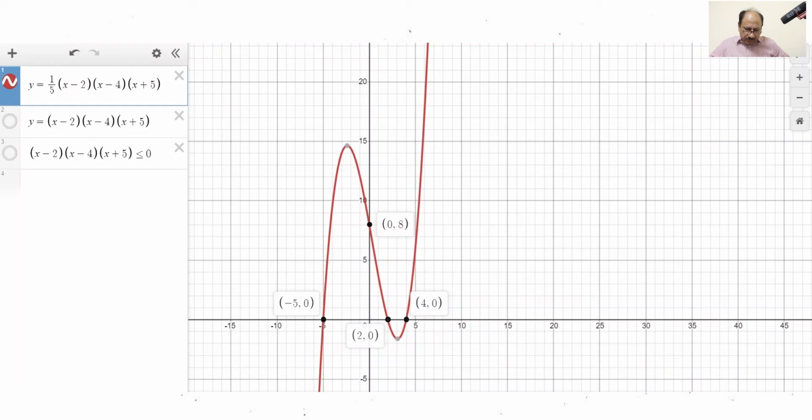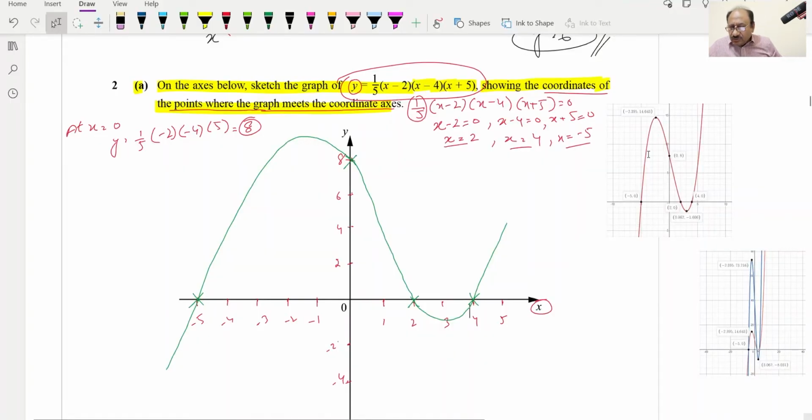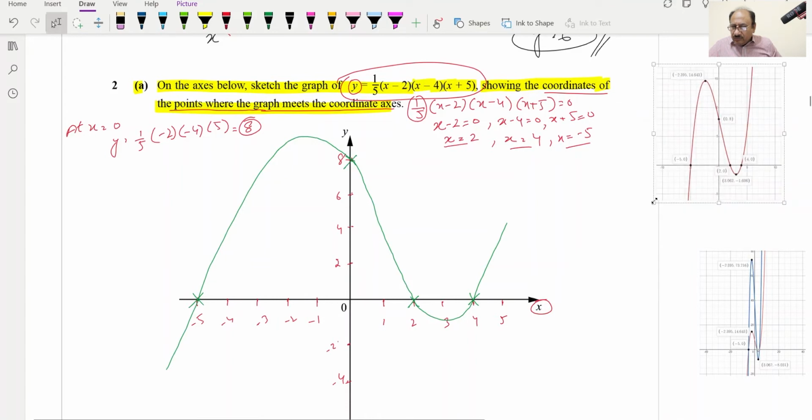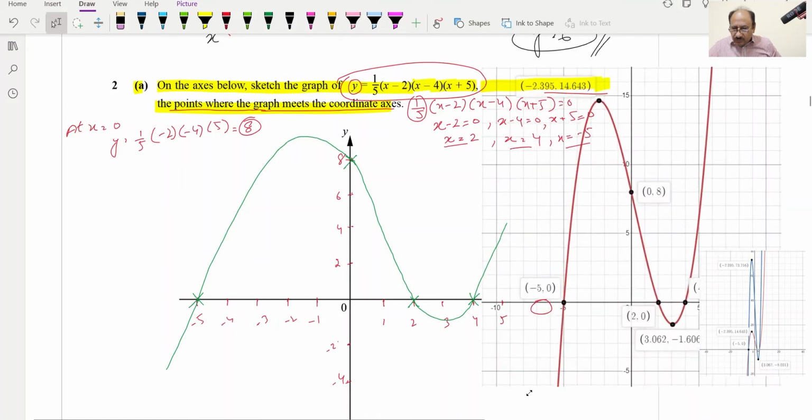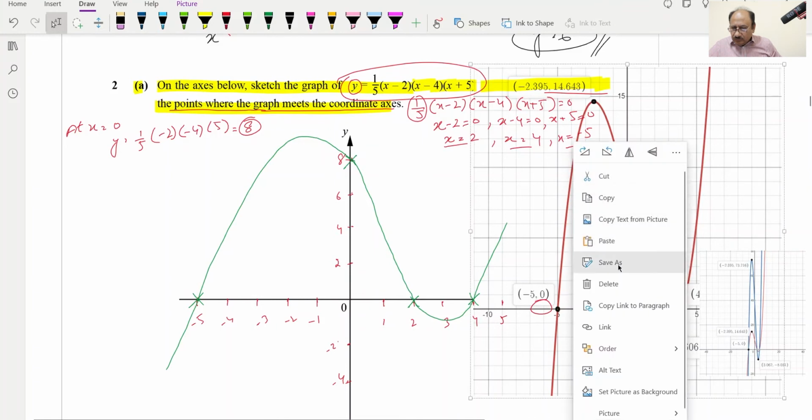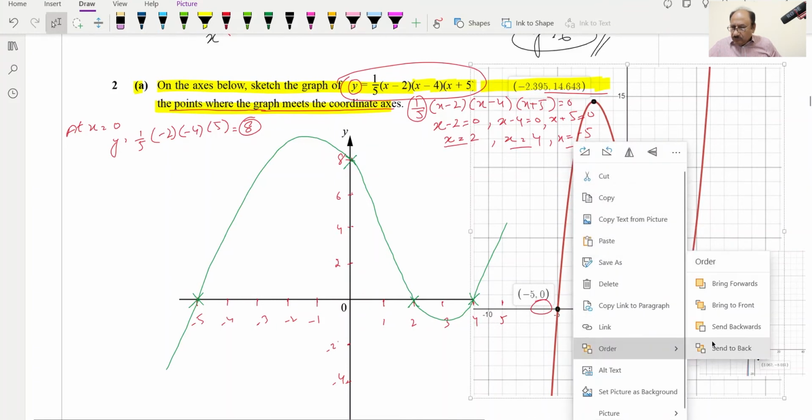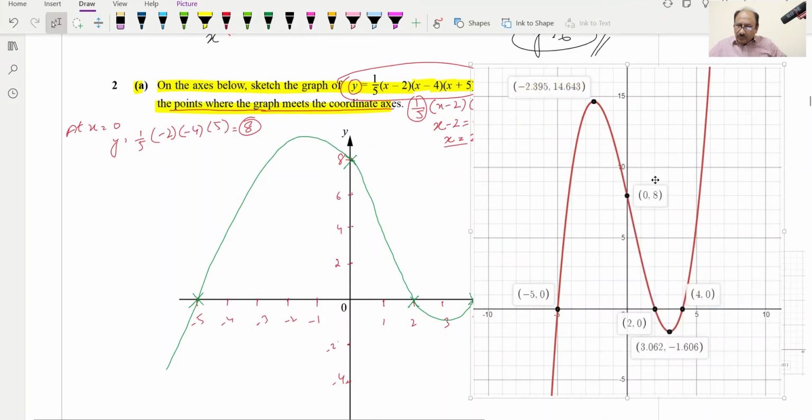I'll go back to the question, and this is the drawing which I have enlarged basically, and I have inserted over here. This is the enlarged drawing, so I will bring it to front. So you can see this one. This is x-intercept, x-intercept, and x-intercept, and this is y-intercept, and this is the perfect curve which we have drawn.